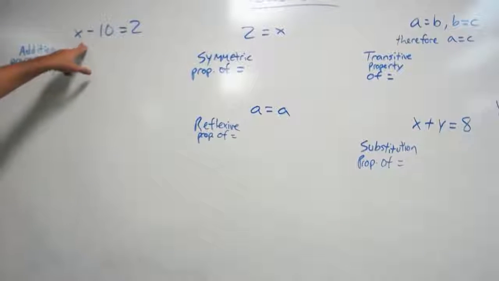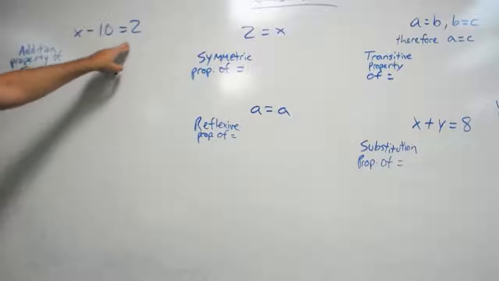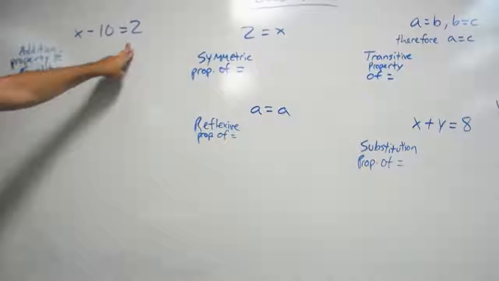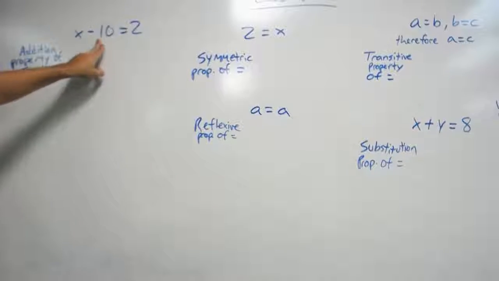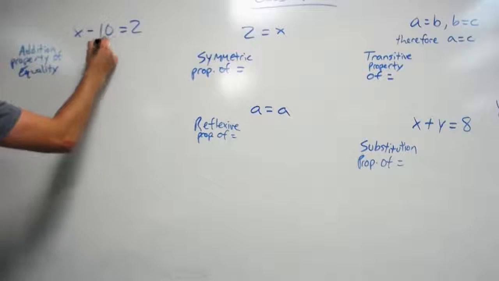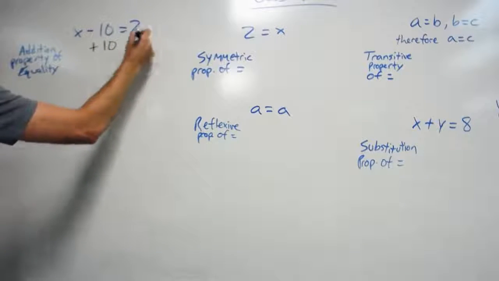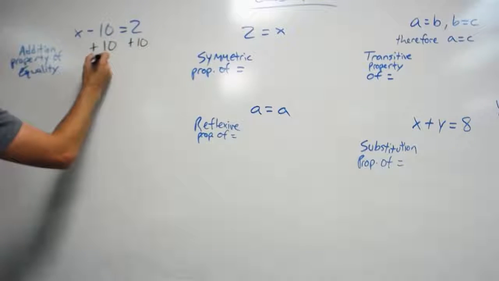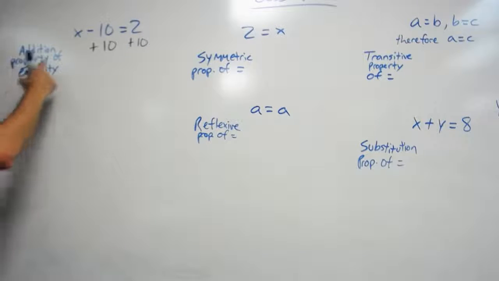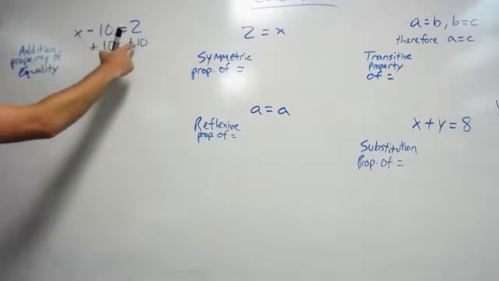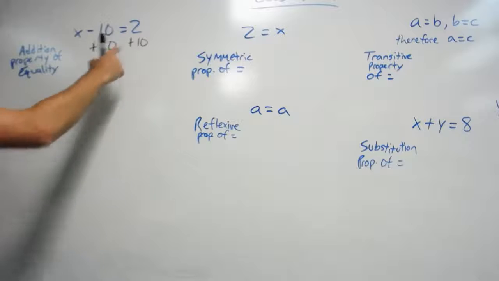So say we had x minus 10 equals 2. Well, how do we solve from there? Well, we know that if we have a negative 10, we have to add 10 to both sides, just like so. And when we do that, this is actually called the addition property of equality. It's called the addition property of equality because we're adding 10 to both sides, so it's equal.